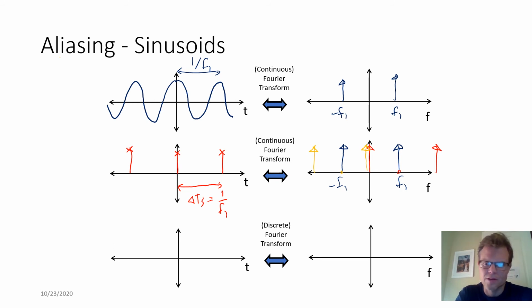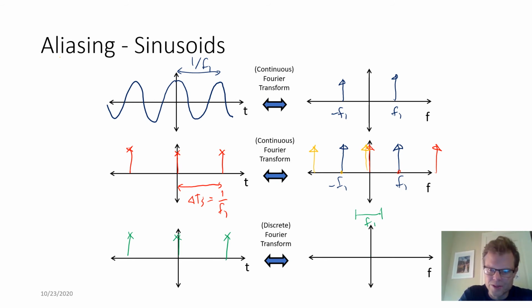And so now if we look at the discrete Fourier transform, where we're only going to be resolving this bandwidth of f1 based on the sampling rate that's been chosen, we're still going to have these same samples over here.